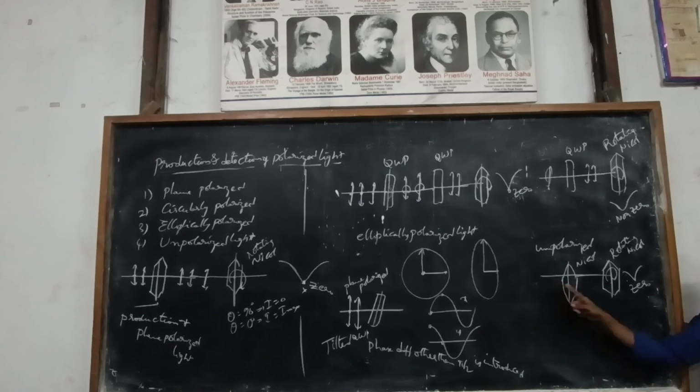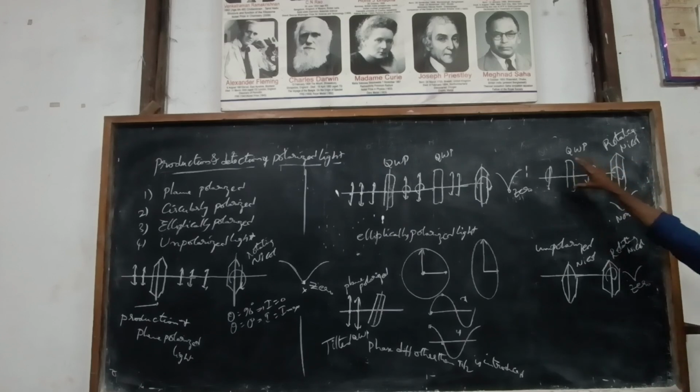Unpolarized light when passed through a nicol gives plane polarized light, and when it passes through a rotating nicol, you get a minimum intensity. So that is how you identify unpolarized light.